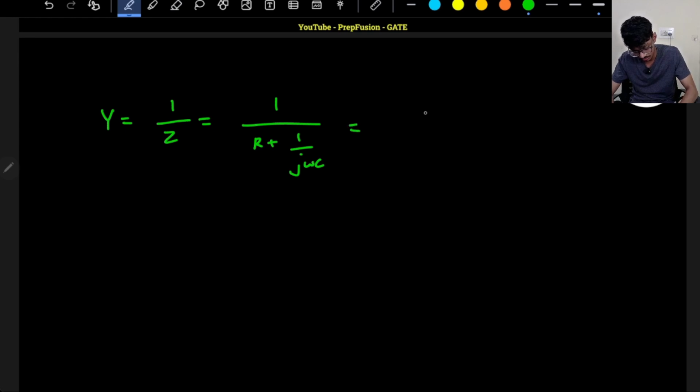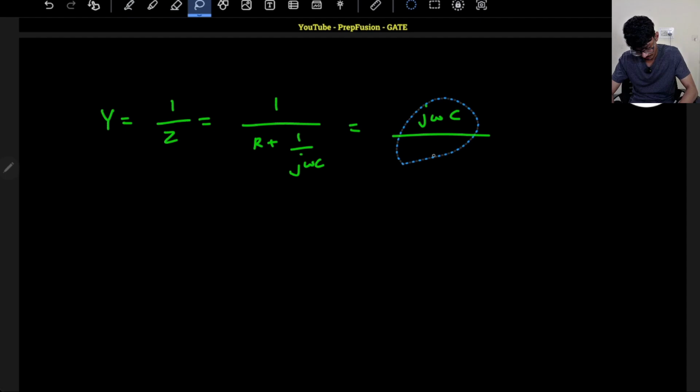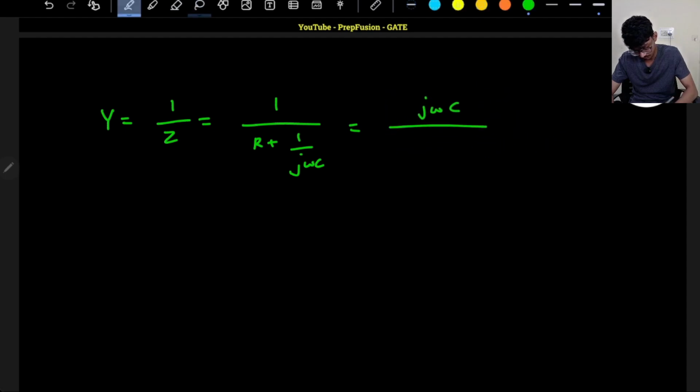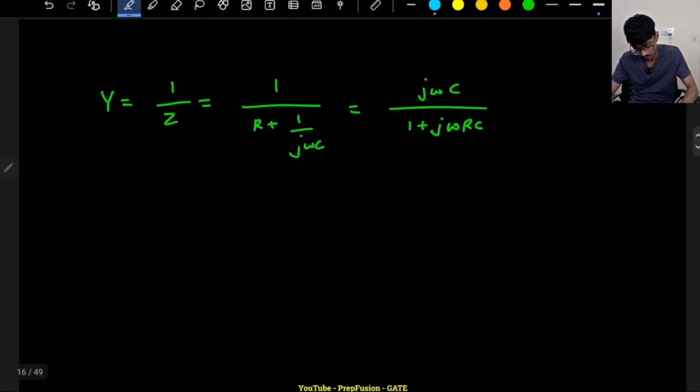So this will be j omega C divided by 1 plus j omega RC. Okay, so what is the magnitude?